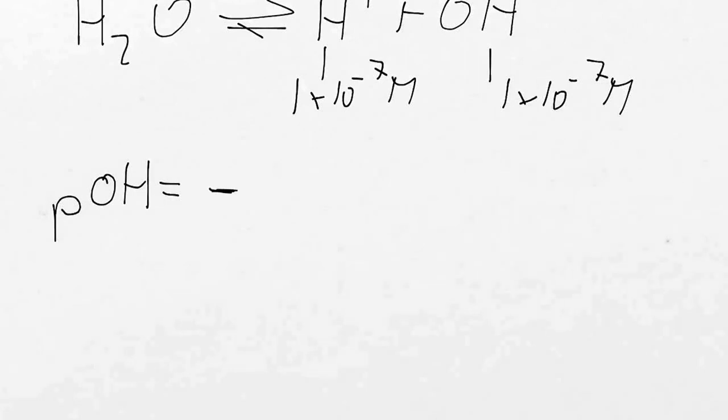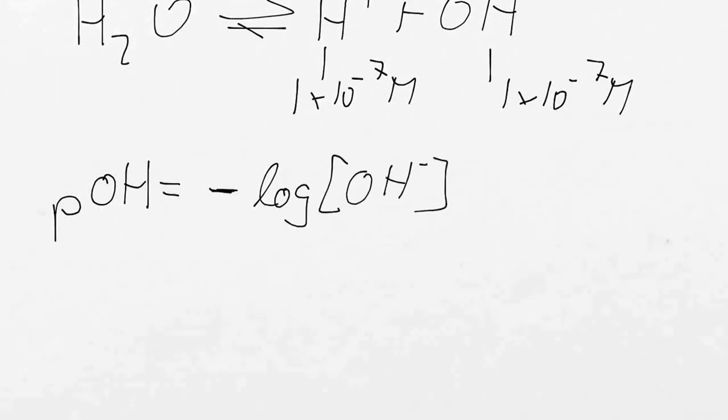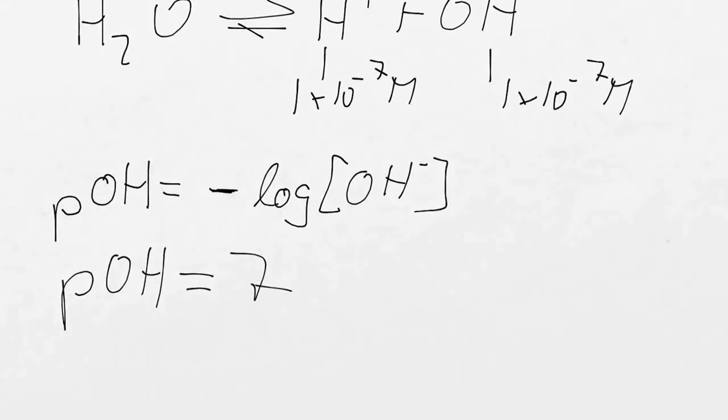It's the minus log of the hydroxide ion concentration. So, what is the pOH of pure water? So the pOH of pure water is also 7. That make sense? Yeah?